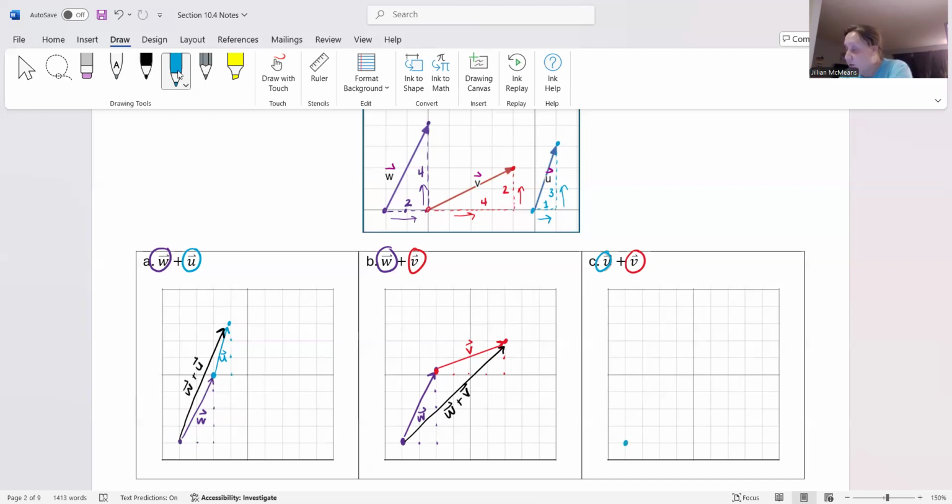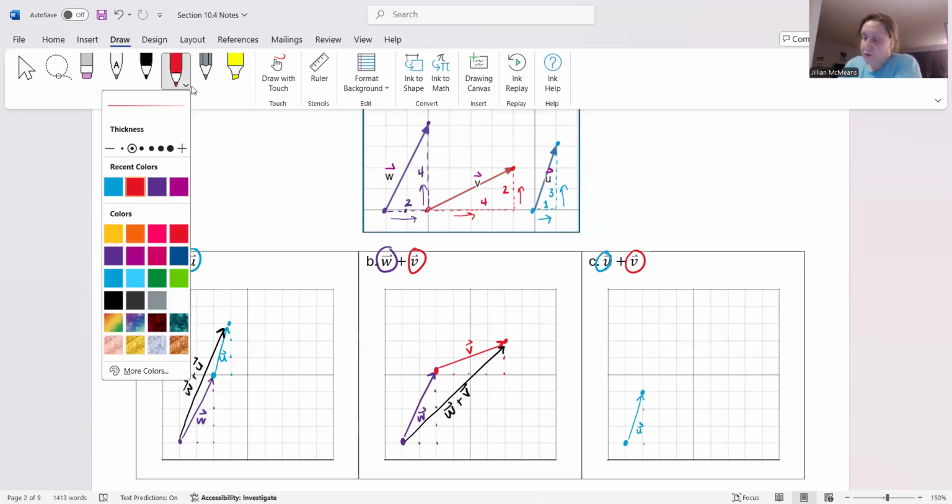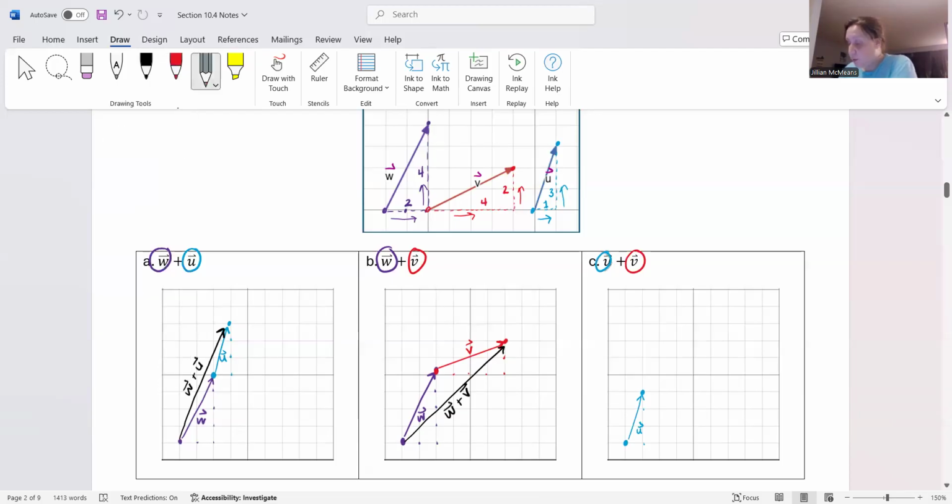I want to remind myself of the movement of U. It moves horizontally to the right 1 and then vertically up 3. So from whatever my initial point is, I'm going to go to the right 1 and then up 1, 2, 3. That becomes my terminal point on vector U. And then I want to switch over to red for vector V. My initial point for V is going to be the terminal point of U. And remember our movements for V: V moves to the right 4, and then vertically up 2.